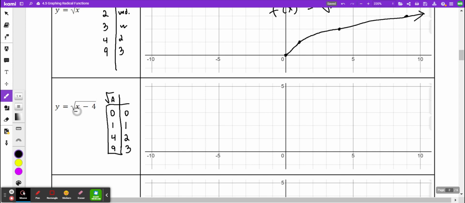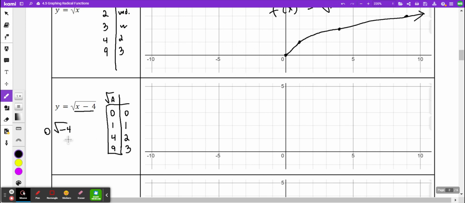But if I look at this, my input says whatever the input is, minus 4 first. So if I input 0, I'll get negative 4. I can't do the square root of negative 4, because that's not part of my domain. That's going to be a problem.